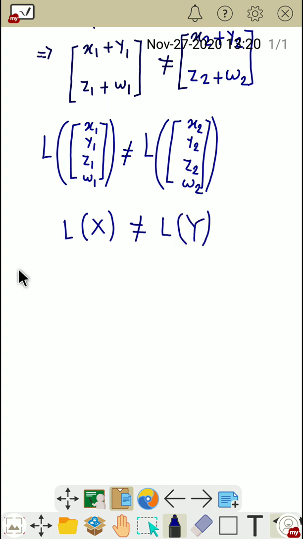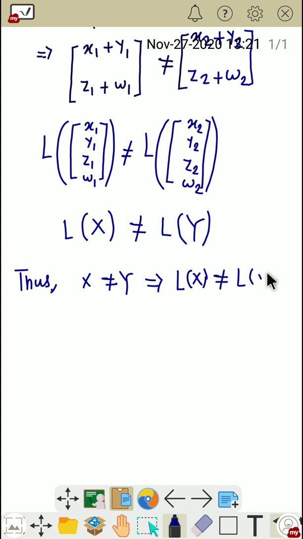Thus we have shown that whenever x is not equal to y, this implies that L of x is not equal to L of y.